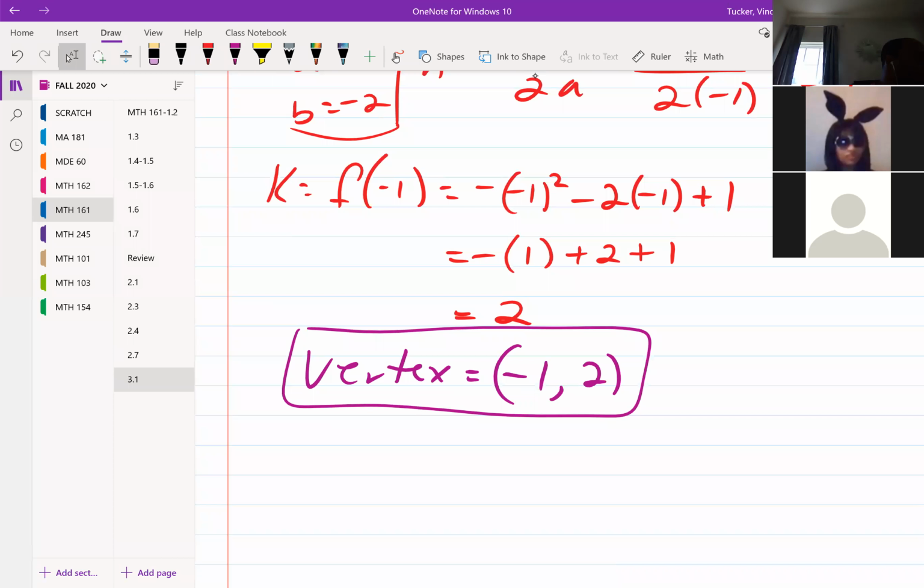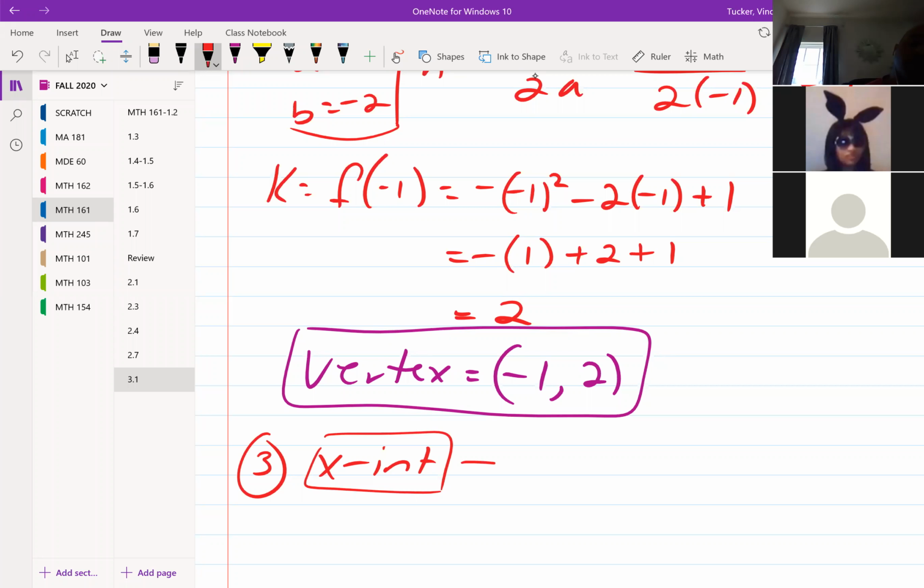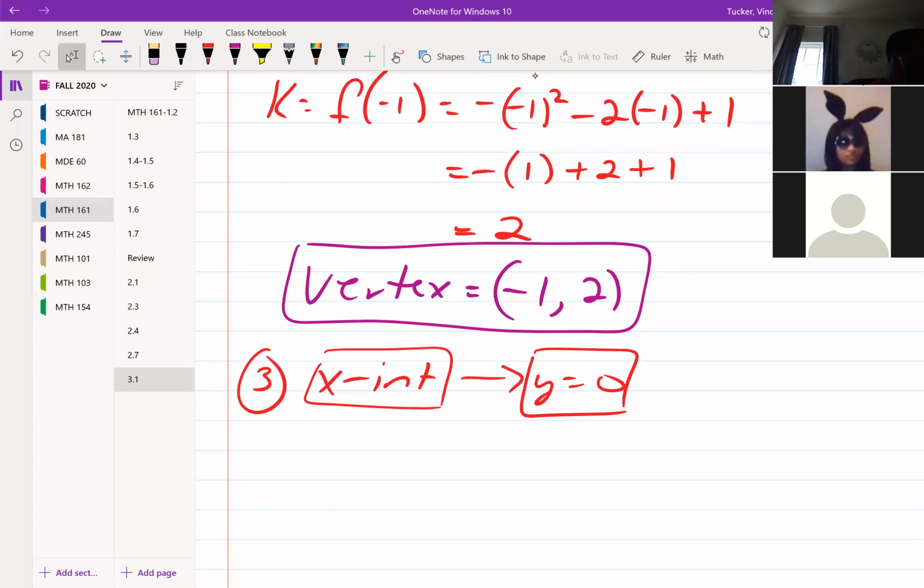All right, questions before we look at 3, x-intercepts. So don't forget, to find your x-intercept, you have to let y be equal to 0. So we're looking at negative x squared minus 2x plus 1 equal to 0.